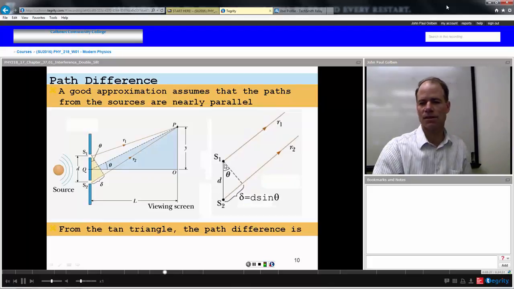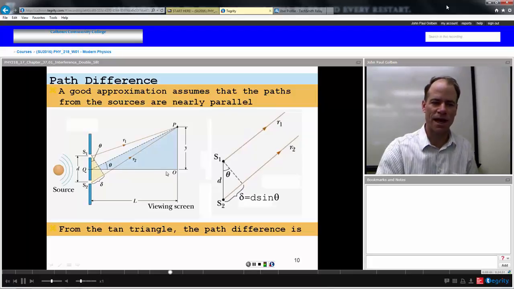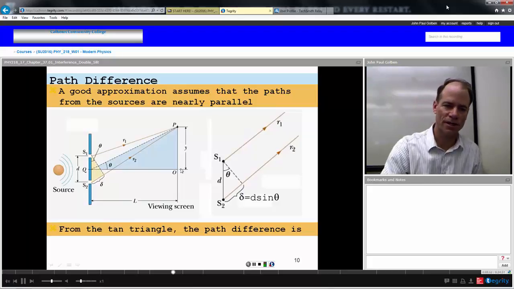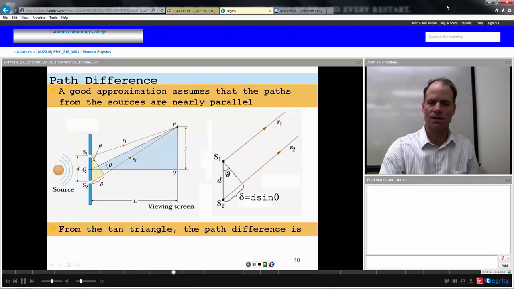And if I look at this triangle, which is a right triangle here, more or less, with the distance d between the slits being my hypotenuse of that right triangle, we see that the distance delta is going to be equal to d times the sine of theta, where theta is actually the angle from the middle part of the screen to our point P on the screen. So this triangle here that has theta here is the same as this theta here and the smaller triangle here.